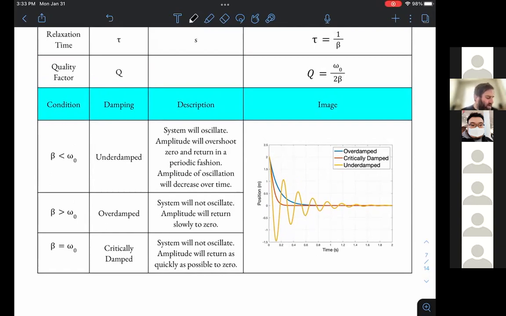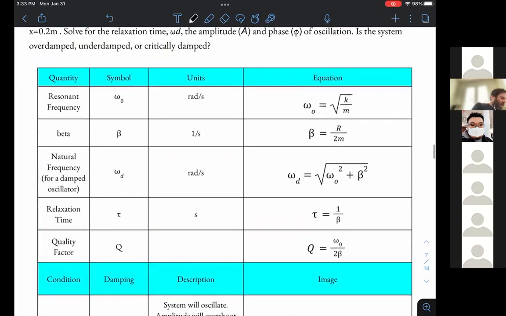That's underdamped. When it's overdamped, it's so damped that it takes a while to slide back to x equals 0. That's the blue line there. And when it's critically damped, it's getting to x equals 0 as fast as it's possible to get there. So I hope that's useful.